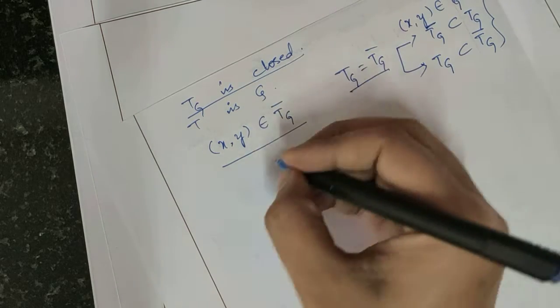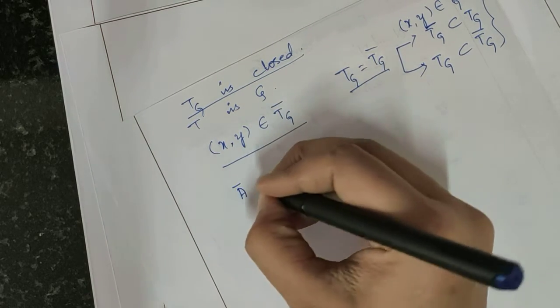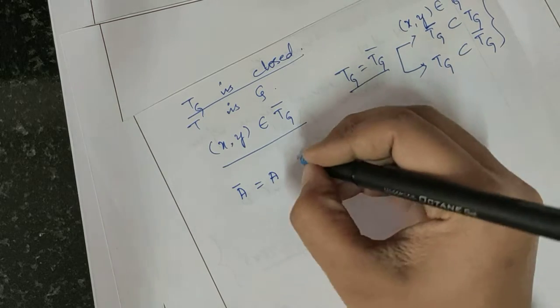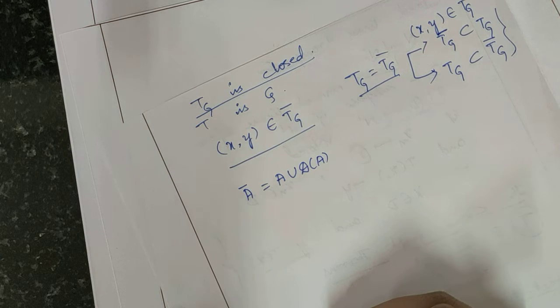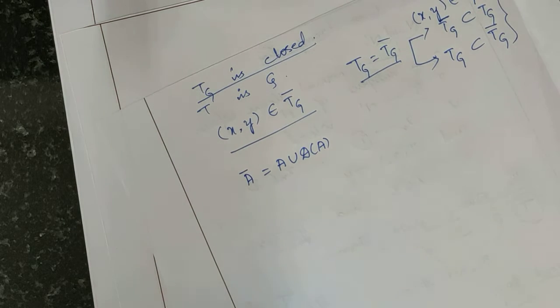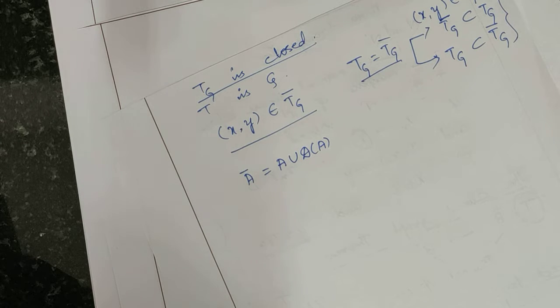So we know that A closure is nothing but A union the derived set of A, right? And what is the derived set? That you have already studied in your previous semesters, right?